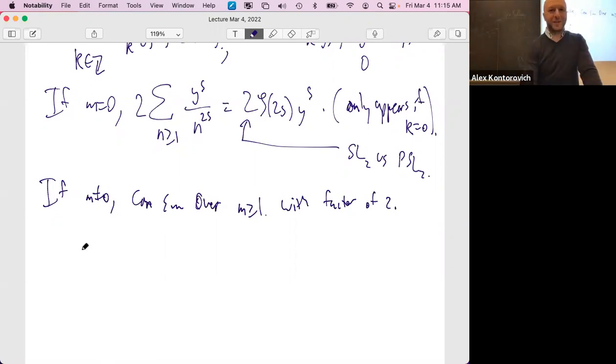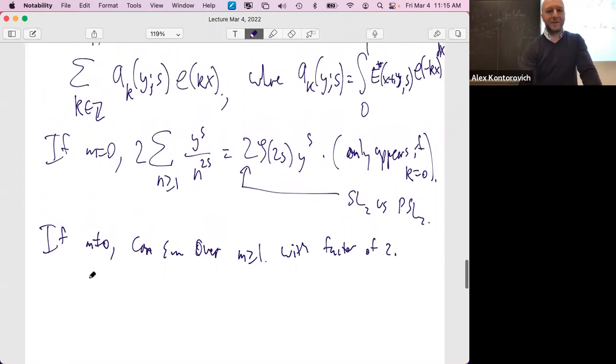Now what does that contribute to a_k? For the m not equal to 0 contribution, this gives the integral from 0 to 1. So E star, what is E star?